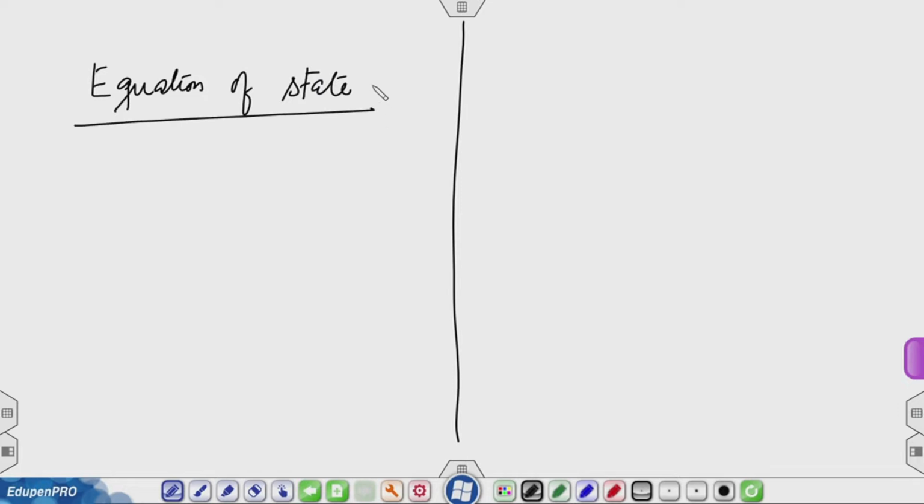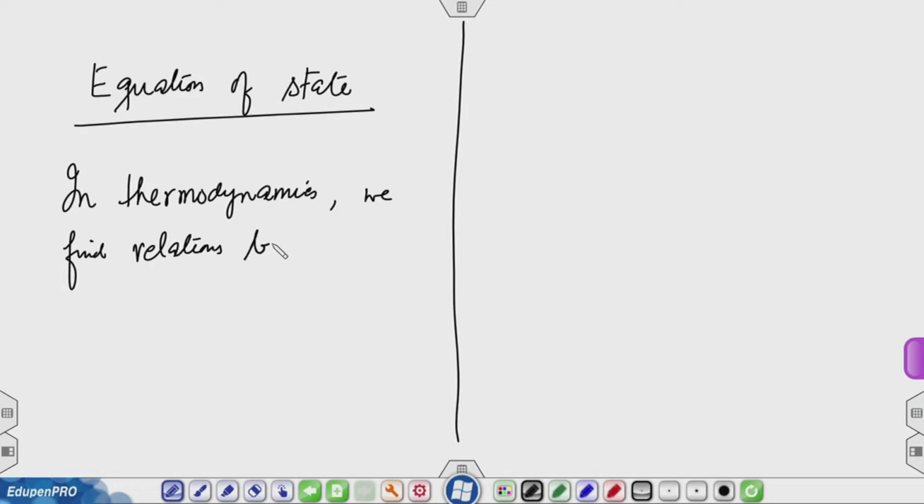To introduce this, let me recall that in thermodynamics, we find relations between macroscopic quantities and how they change.